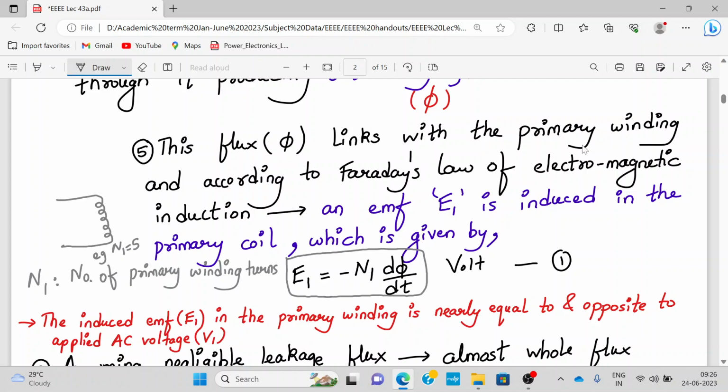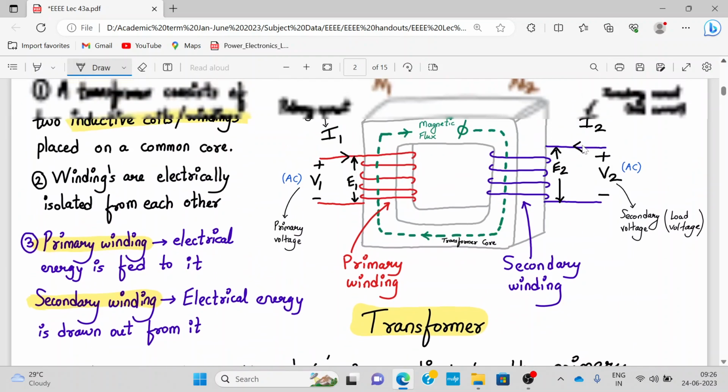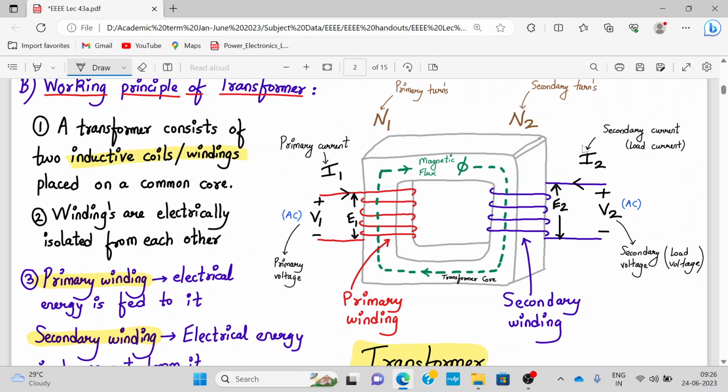So this induced EMF E1 in the primary winding is nearly equal to and opposite to that of V1. So E1 and V1 are equal in magnitude but opposite in sign.